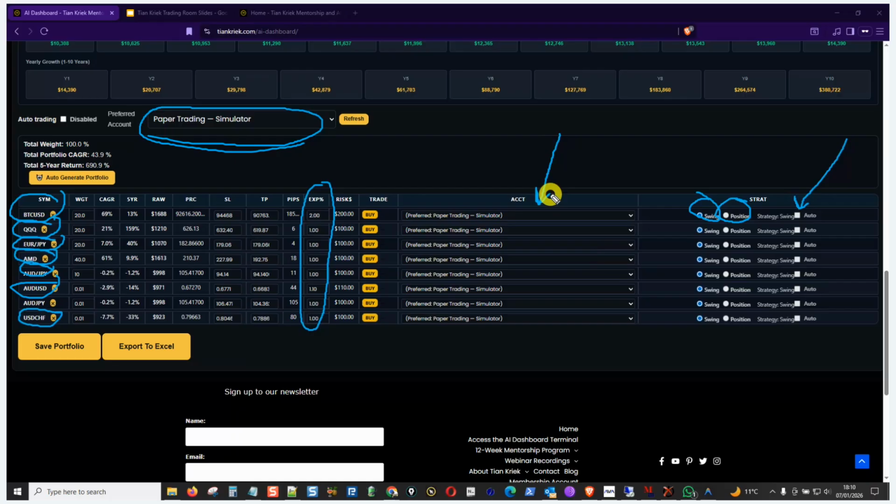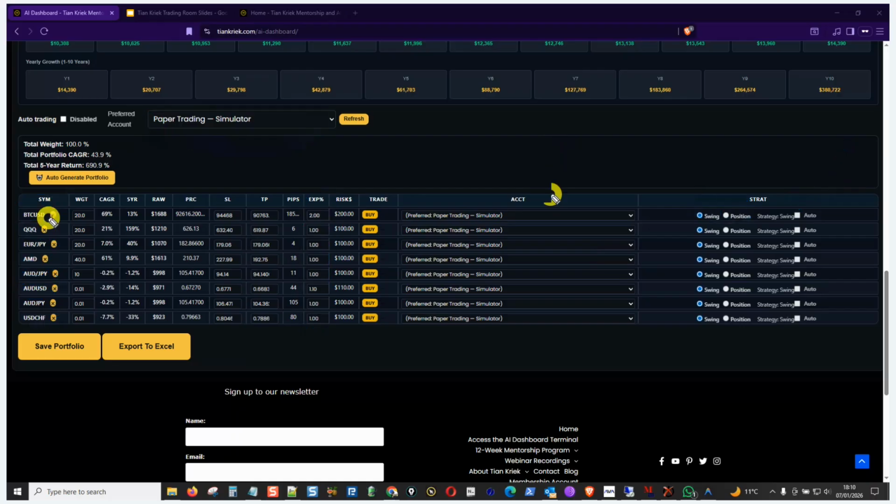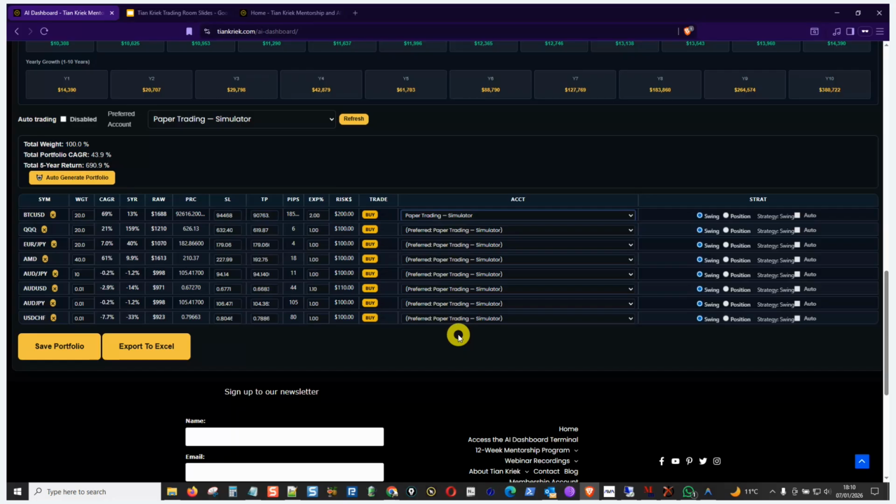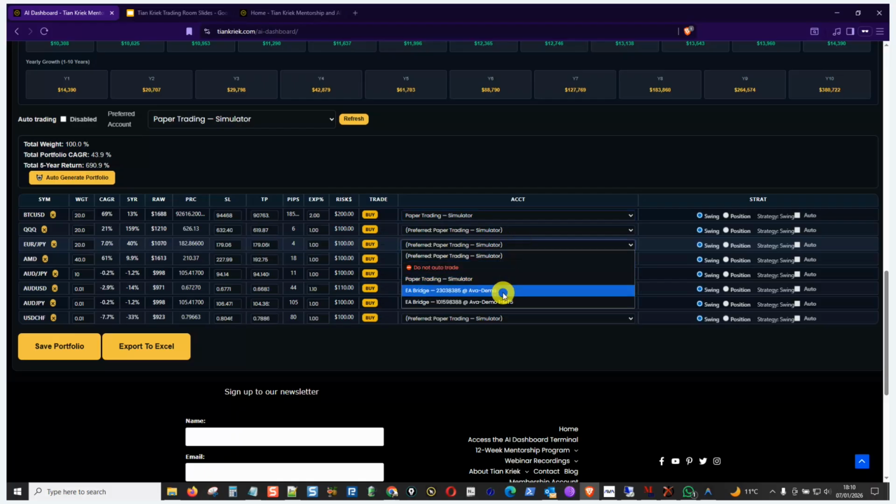So for instance, if I want to go and trade Bitcoin on my paper trading account, then I can select, okay, trade the paper trading account. If I want to go and trade the Euro Yen on a Forex trading account, I can go and click the drop down here and select the trading account that I have connected, my MetaTrader 4 or MetaTrader 5 account, for instance. I can go and select that.